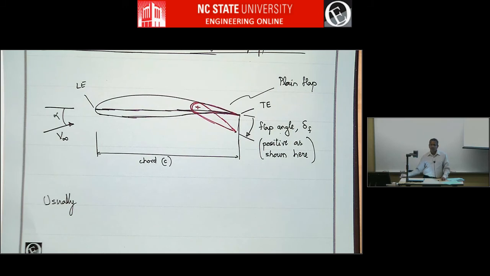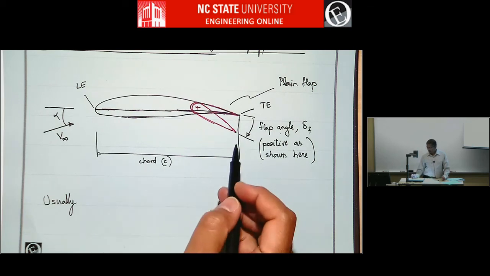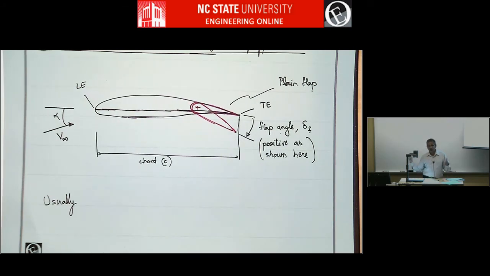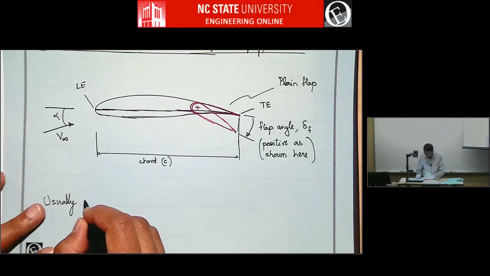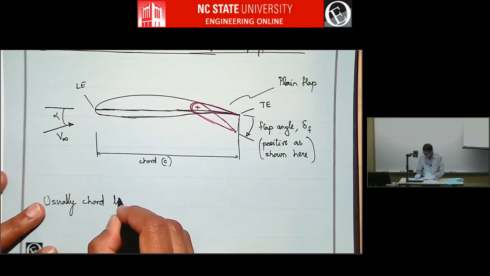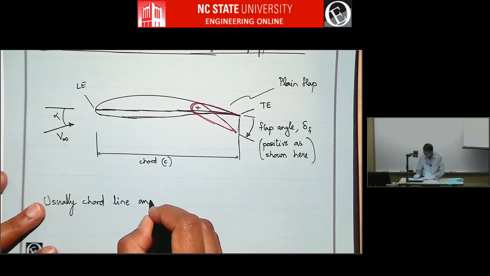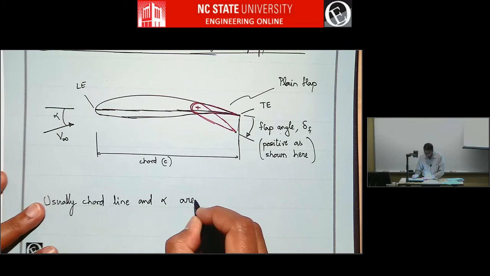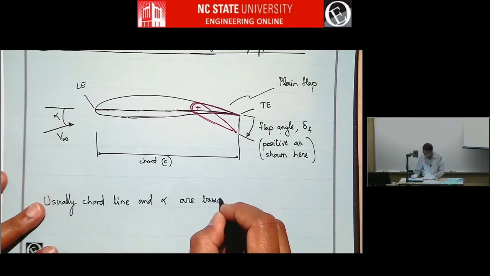Let's say you go and you're reading a report and they're giving all these data about this airfoil, then you should try to figure out, and hopefully they've documented it correctly, what exactly is the chord, especially in situations like this. Usually there's no confusion. But if you have situations like this, the chord line and alpha are based on the original geometry.